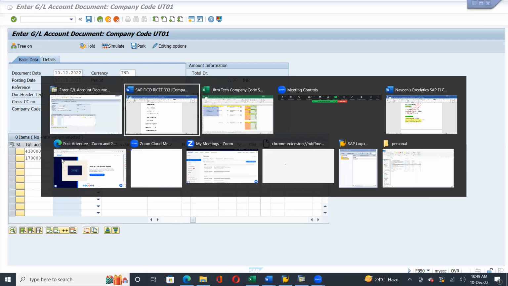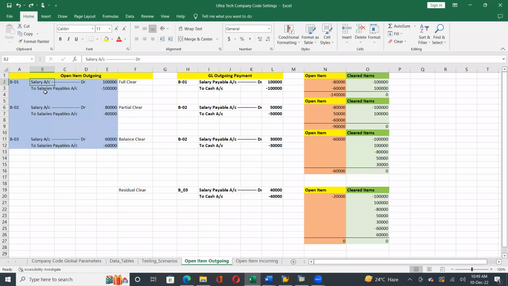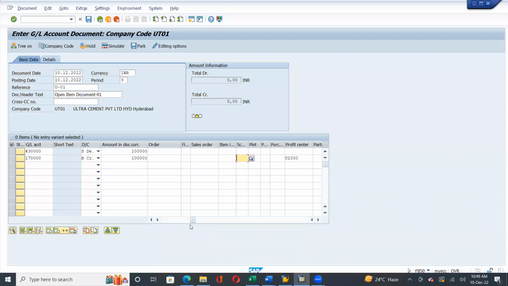First one: salary account debited to salaries payable account, 1 lakh, right? Once you're done, let me know. So we can simulate and save it.